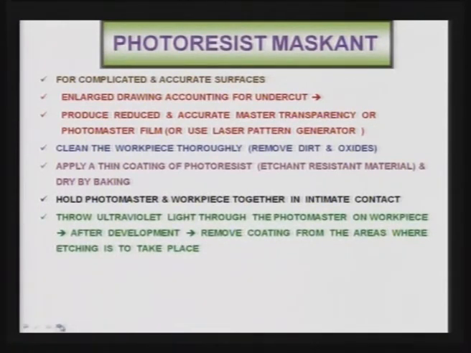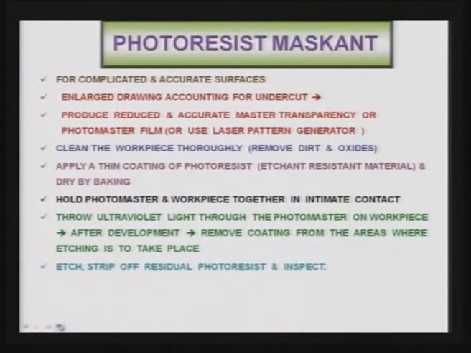Throw the ultraviolet light through the photomaster on the workpiece, and after development remove the coating from the area where etching is to take place. So, that means you are really exposing the area from where material is to be removed, or where chemical reaction is to take place between the etchant and the workpiece material. Etch, strip off the residual photoresist and then inspect that proper etching has been done.